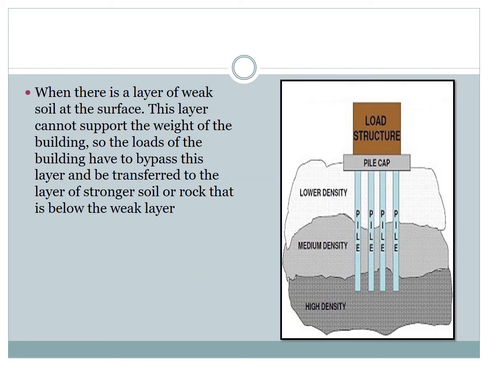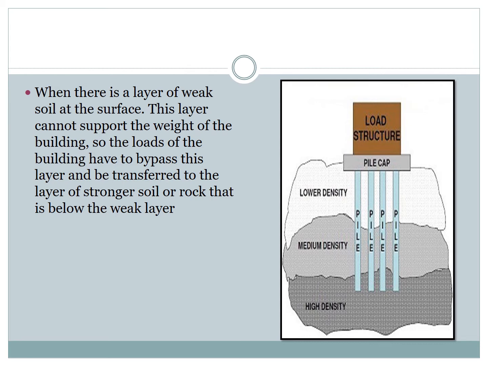When there is a layer of weak soil at the surface, this layer cannot support the weight of the building, so the load of the building has to bypass this layer and be transferred to the layer of strong soil or rock below the weak layer.